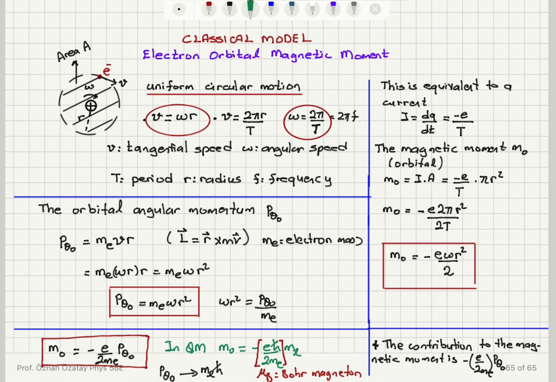So the contribution is minus a Bohr magneton times m sub L. So that's the quantum mechanical result. So it really resembles the classical result, except that we have quantization of the orbital angular momentum.